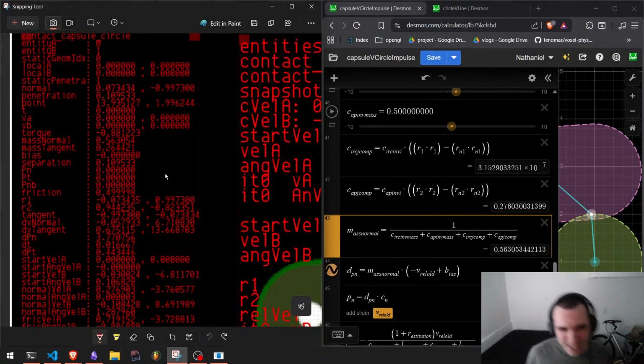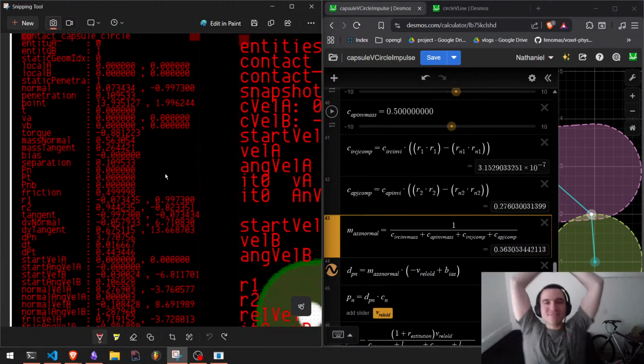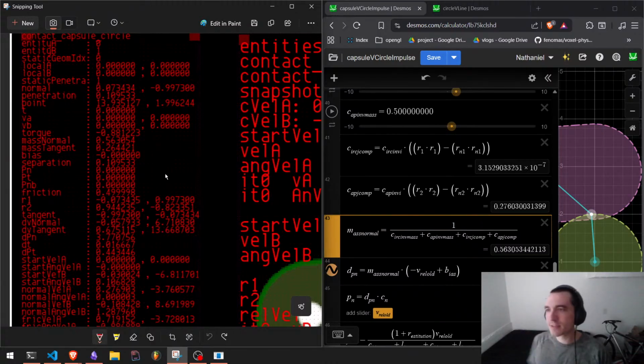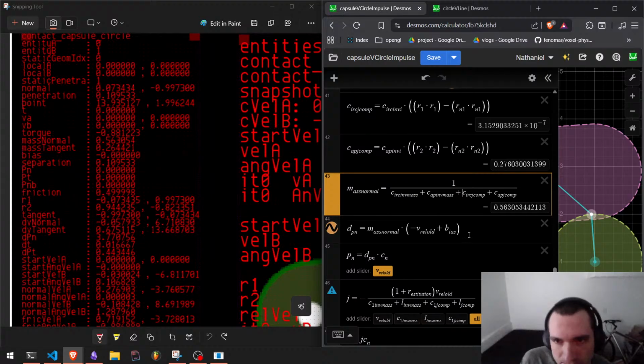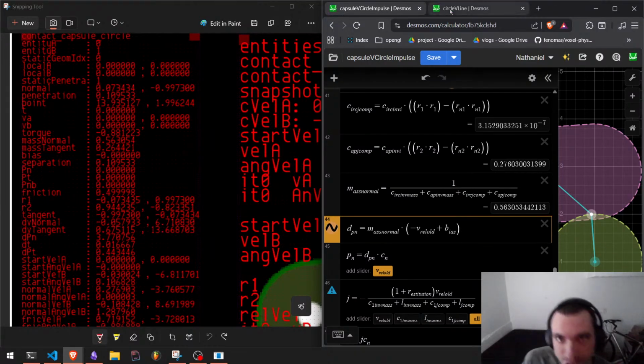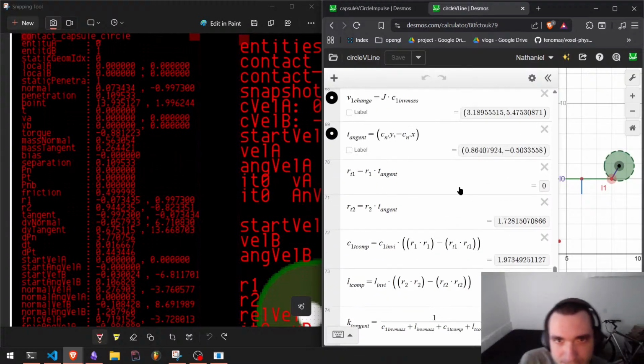So then we multiply the mass normal times the old relative velocity plus the bias. And I don't think we have that defined. Look at this other thing.